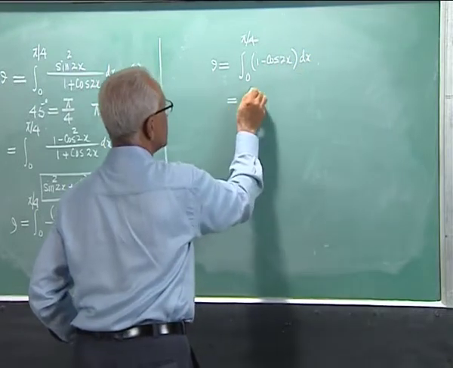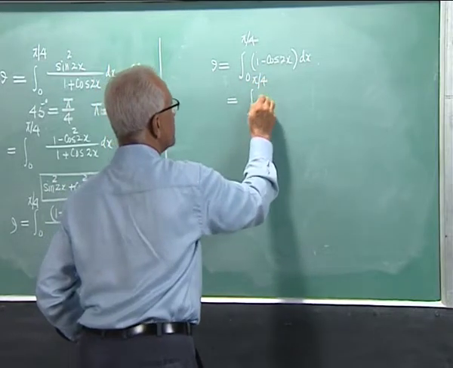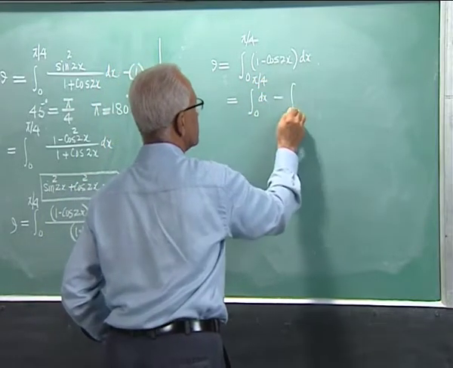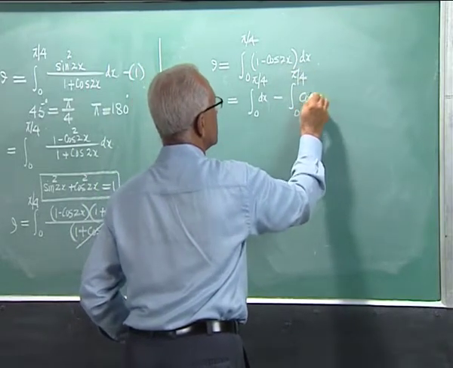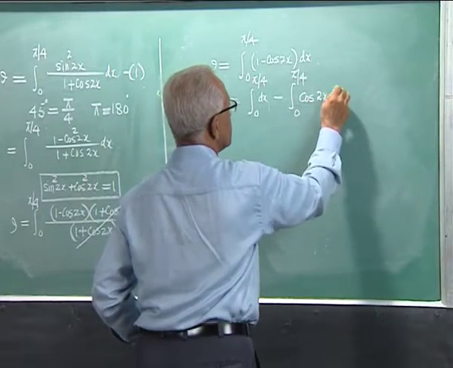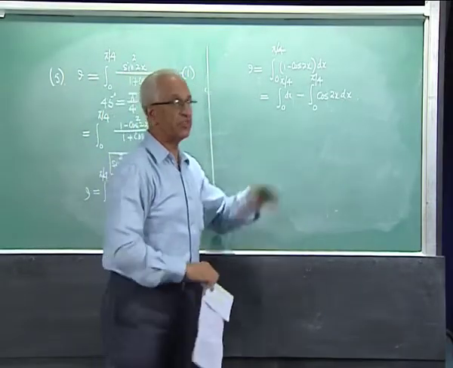I'll integrate. I'll have the integral 0 to pi by 4 of dx, minus the integral 0 to pi by 4 of cos of 2x dx. Standard forms. We have not done any kind of substitution here.